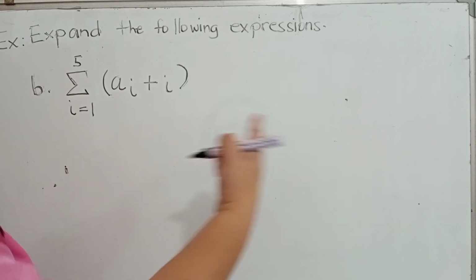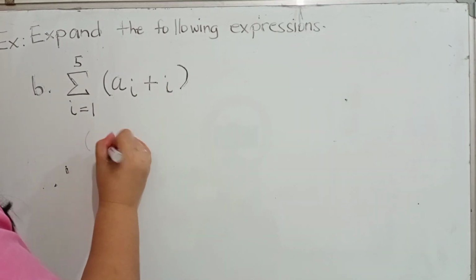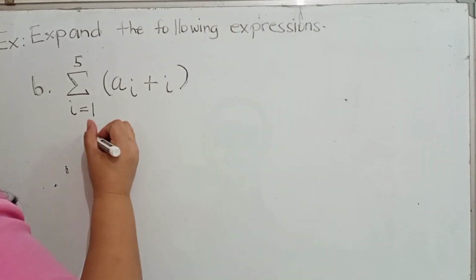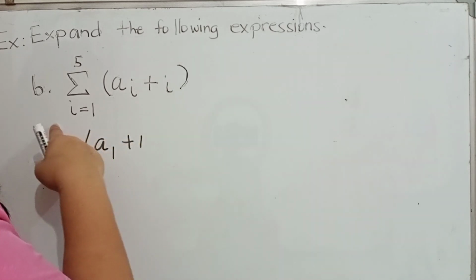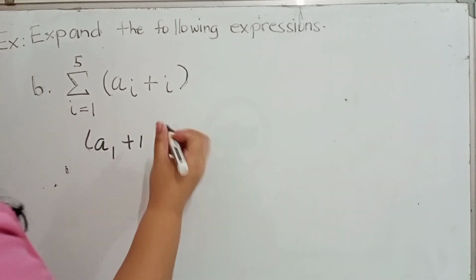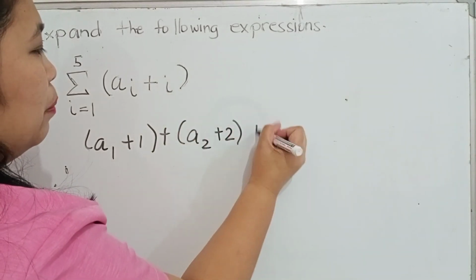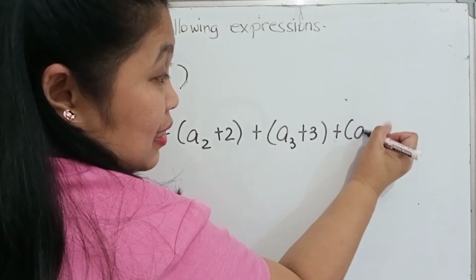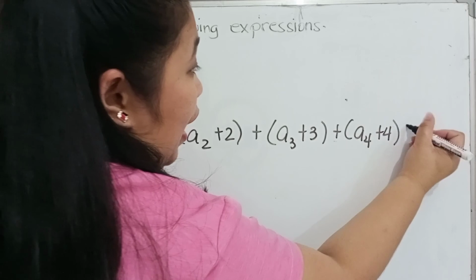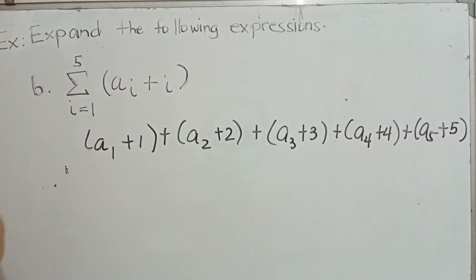So if we're going to expand this expression, this is written as a sub 1 plus 1, of course, since our lower limit is 1, plus a sub 2 plus 2 plus a sub 3 plus 3 plus a sub 4 plus 4 plus a sub 5 plus 5. So this is how you are going to write this expression.